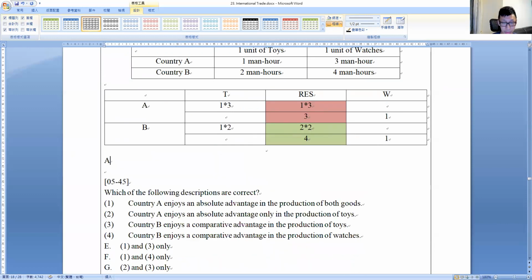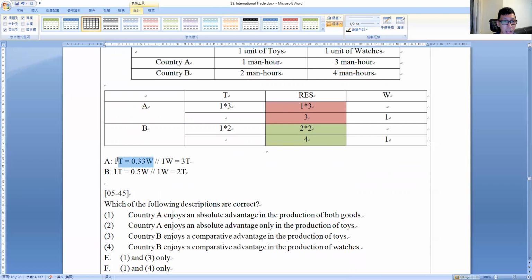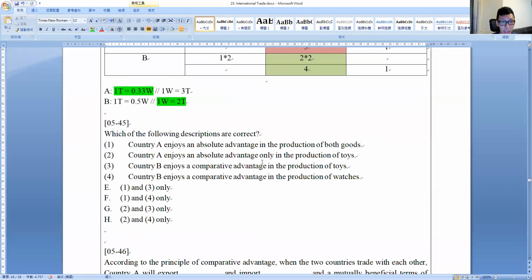Now let's see. For country A, the cost will be 1 toy equals 0.33 watch, or 1 watch equals 3 toy. Now for country B, 1 toy equals 0.5 watch, or 1 watch equals 2 toy. So country A has comparative advantage in toys, and country B has comparative advantage in making watches.